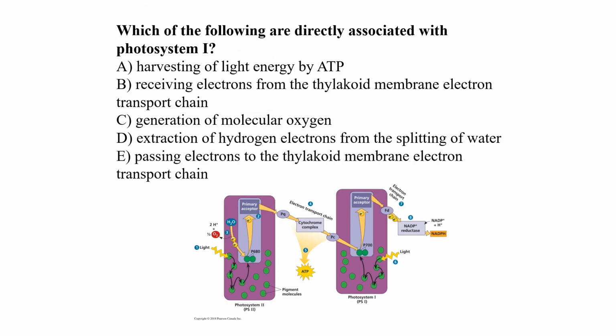Okay, so while most of the questions are about photosystem 2, here I ask a question about photosystem 1, and the question has two potentially correct answers, so I wonder if you think about it. And remember, is directly associated, so that is key to answer this question.